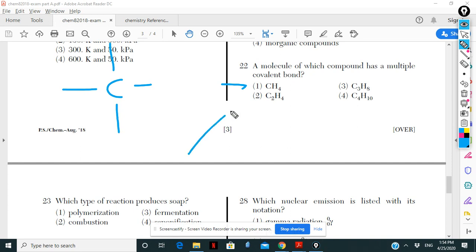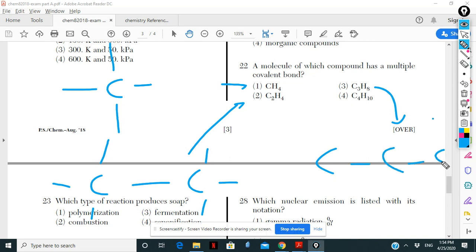Now, for this one, I have 2 carbon attached and I have 3 hydrogen. For this one, I have carbon attached to 8 hydrogen.